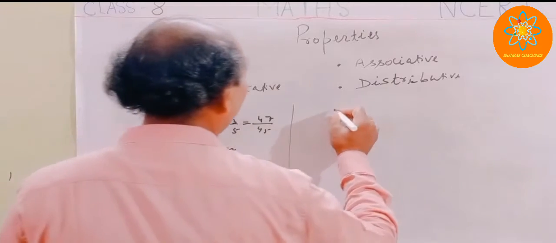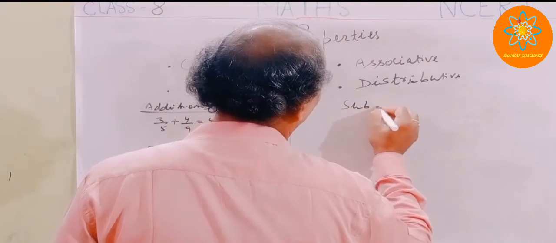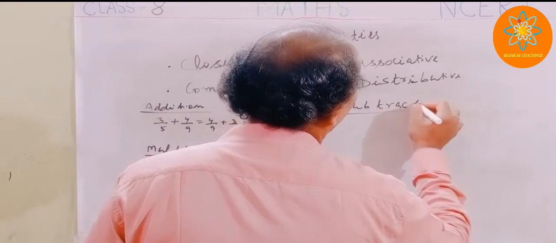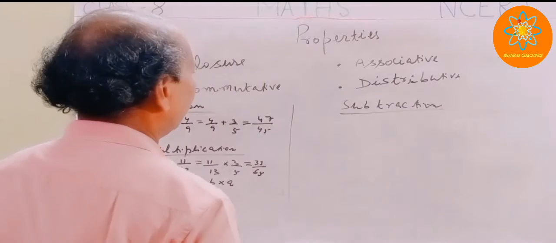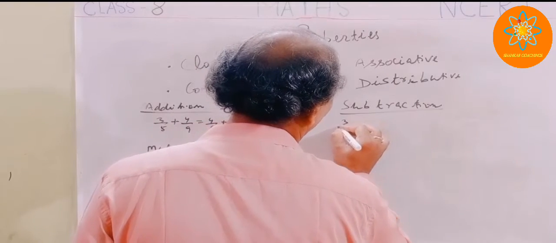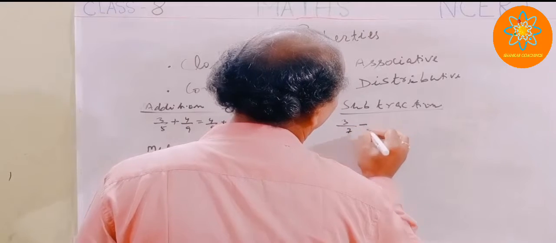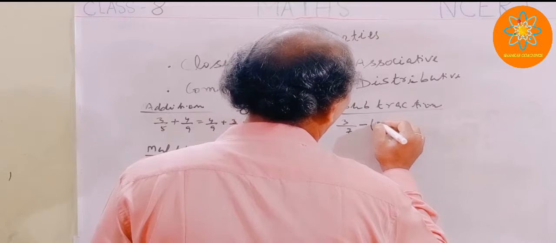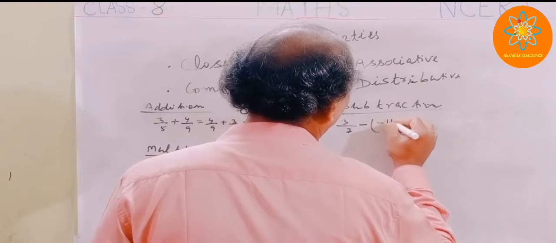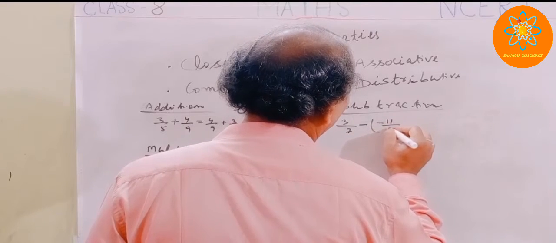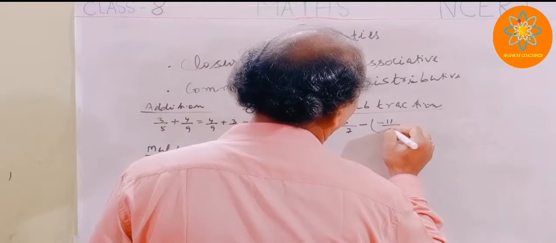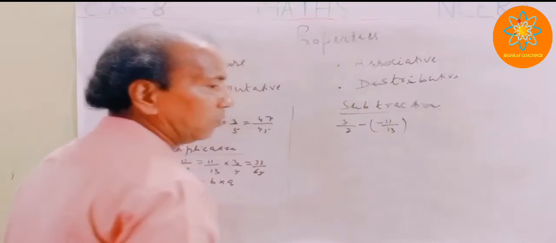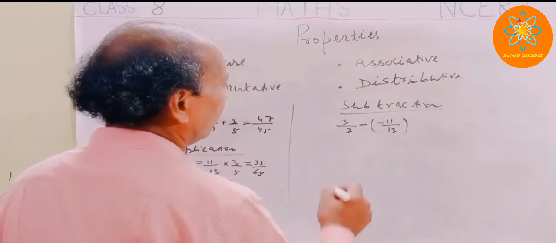Now the next one is the case of subtraction. For subtraction, let's suppose 3 by 7 is there and I want to subtract 11 by 30 from this.